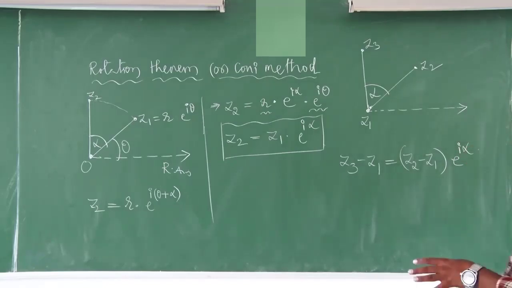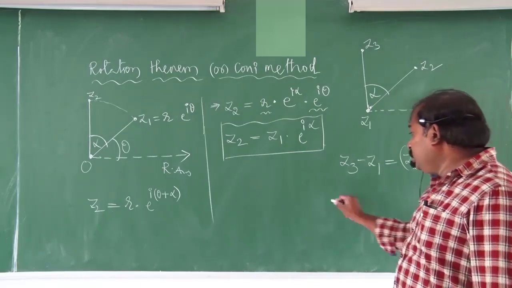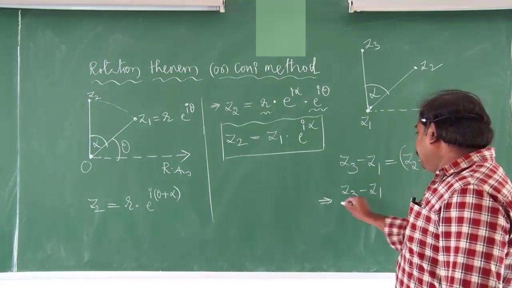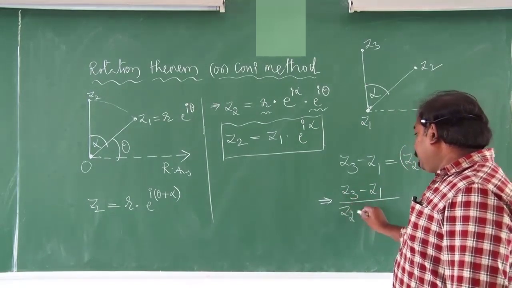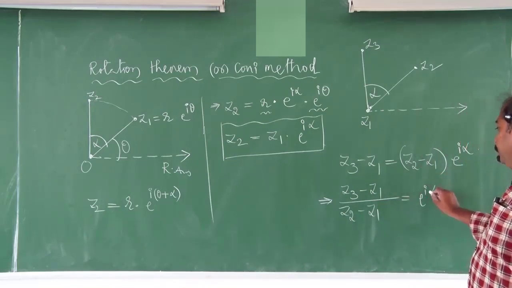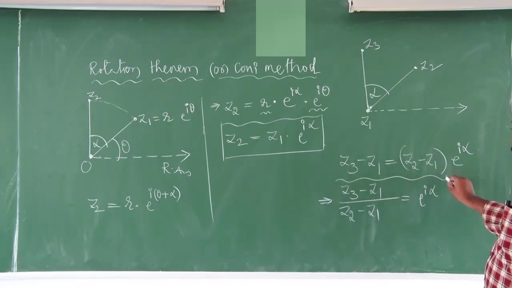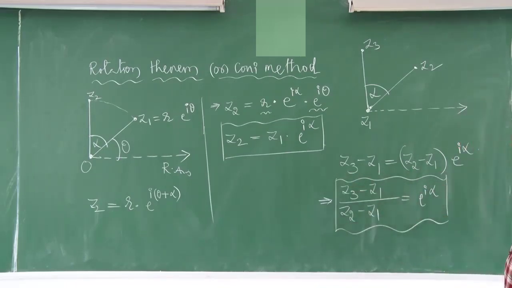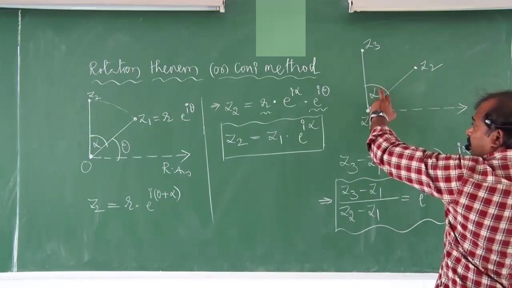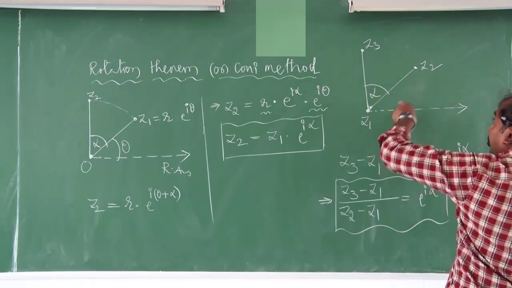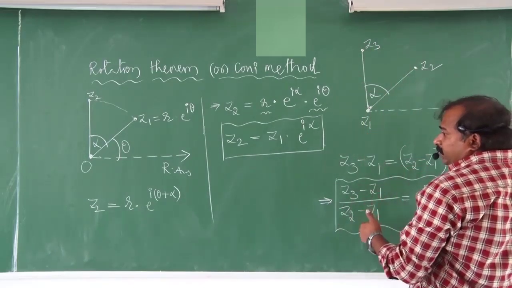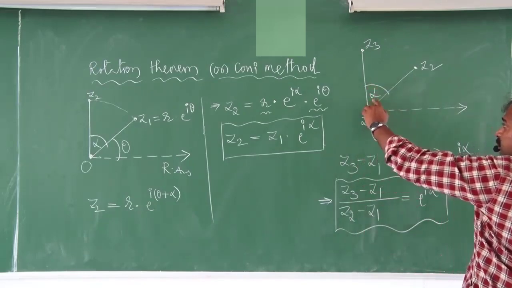So this is the rotation theorem or Coney method. Automatically you will get (Z3 minus Z1) by (Z2 minus Z1) equal to e power i alpha. So if the Z2 Z3 relation is given in this manner, the angle between these two lines is alpha.